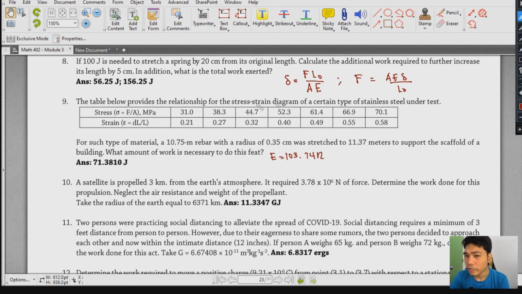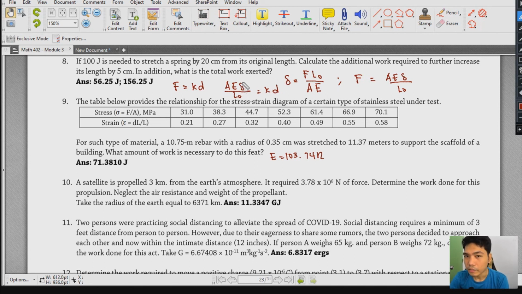So based on Hooke's law, if F is equal to KD, therefore the force is equal to AE delta over L sub o, which is equal to KD. And remember, this D here also stands for the compression or the elongation, the change in the length of your spring.